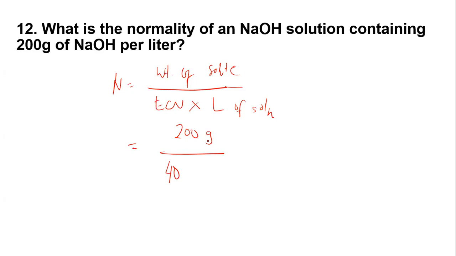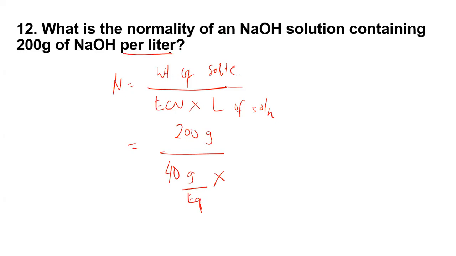Ngayon, ano ang unit ng ating equivalent weight? Anong unit ng equivalent weight? It's gram per equivalent. Okay? So 40 grams per equivalent times the liter of solution, which is, may given ba dito sa problem? Meron. Diyan, per liter.